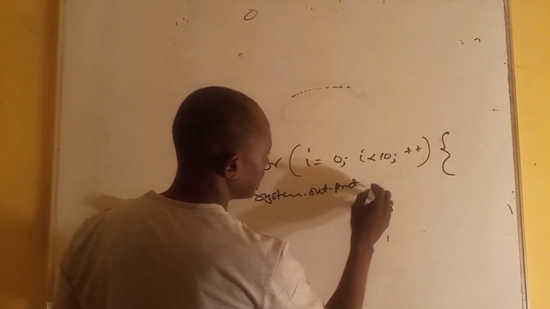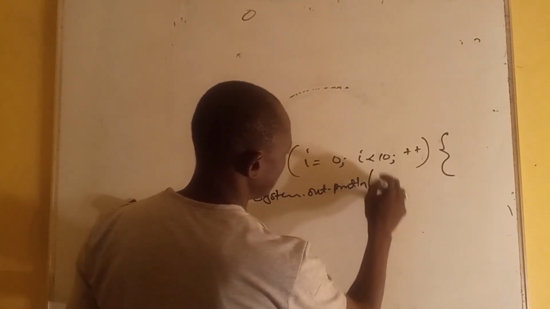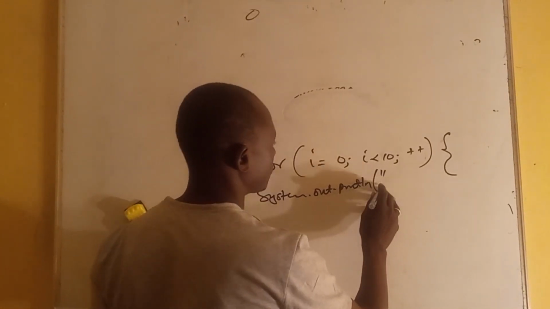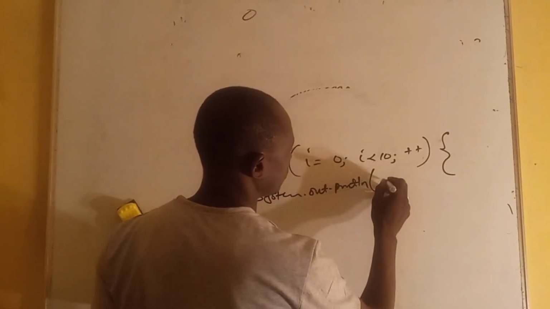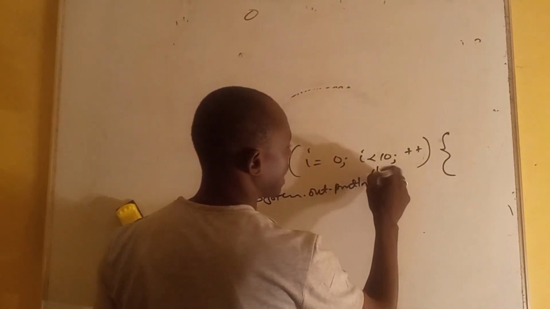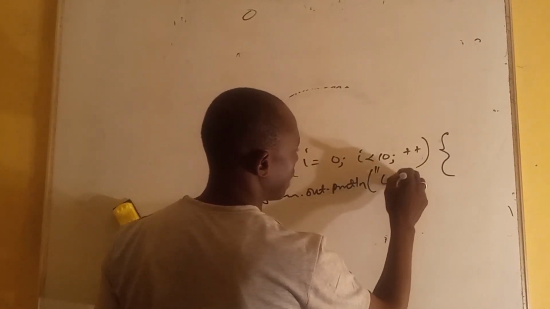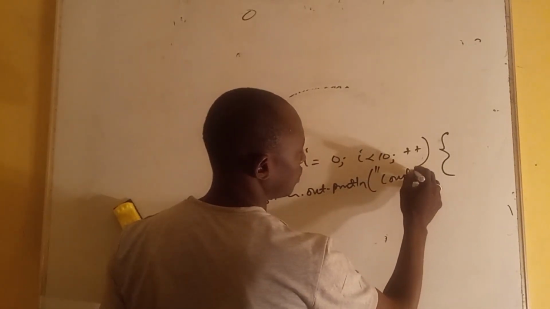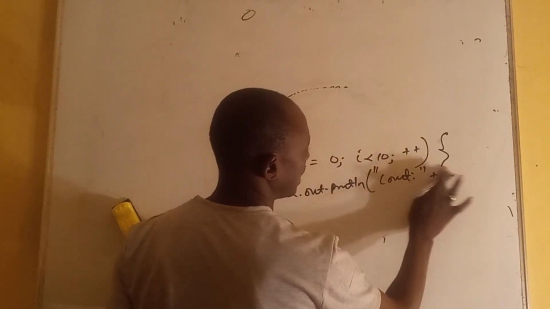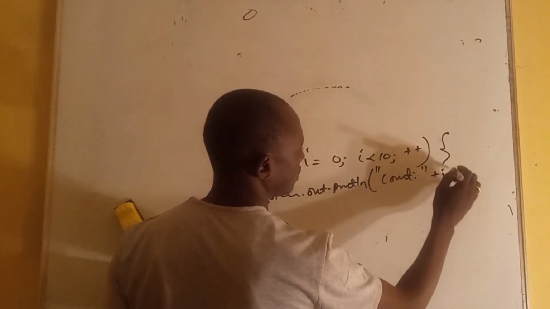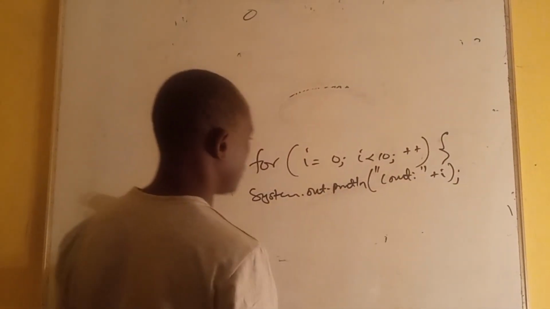System.out.println, it will now print, let's say, count, then I. Are we together?